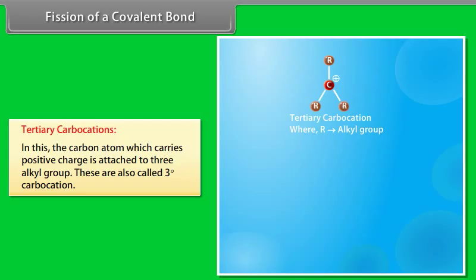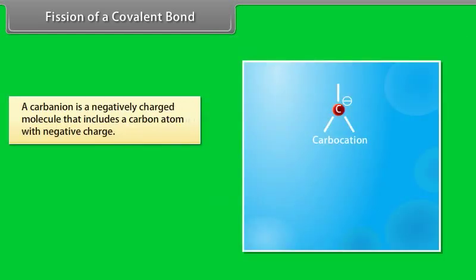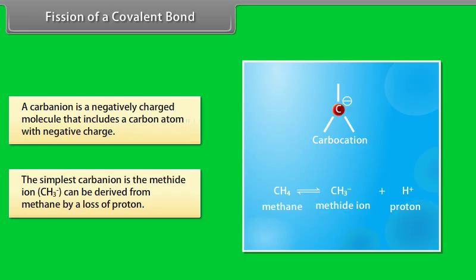These are also called 3-degree carbocation. Order of stability of carbocations is: a carbanion is negatively charged molecule that induces a carbon atom with negative charge. The simplest carbanion is the methide ion, can be derived from methane by a loss of proton.